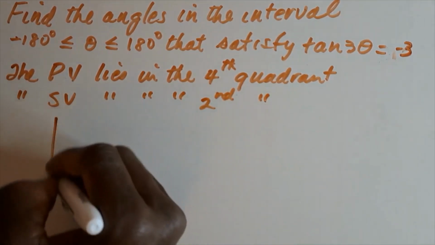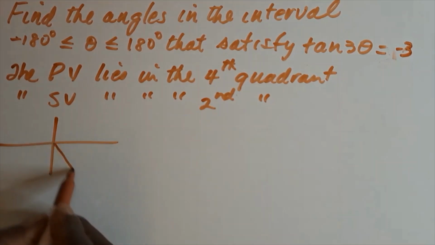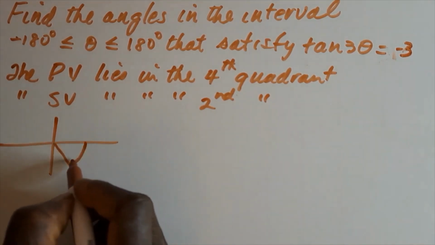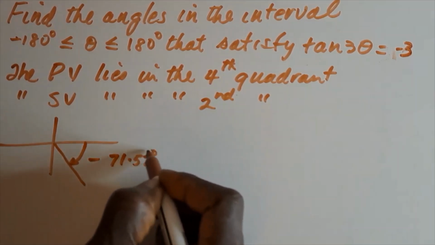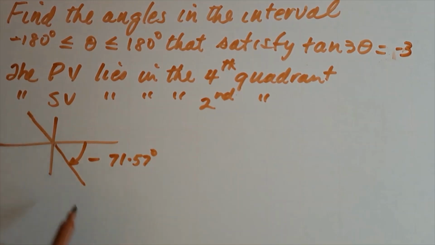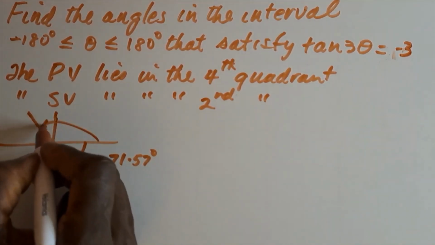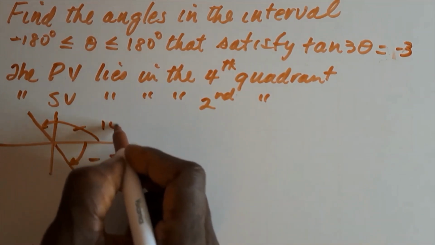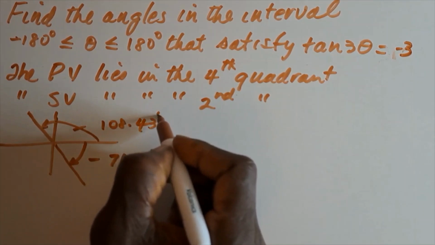And this is what it looks like on the quadrant diagram. We have minus 71.57 degrees. Remember, we're going between minus 180 and 180. And our secondary value is here at 108.43 degrees.